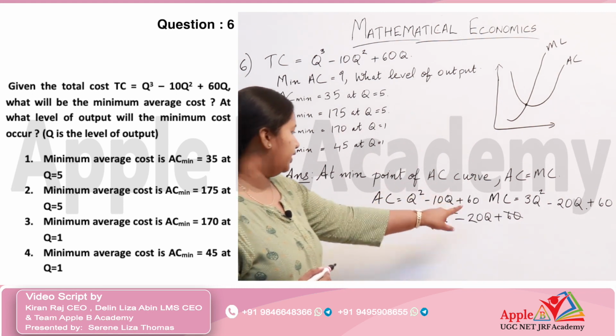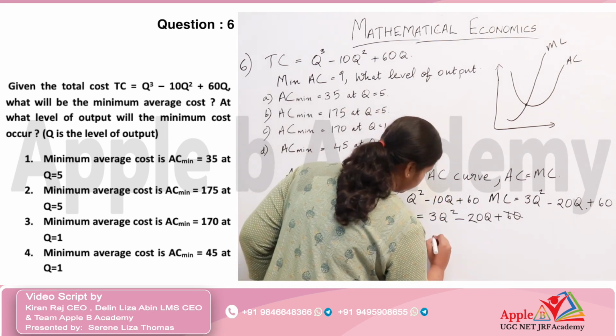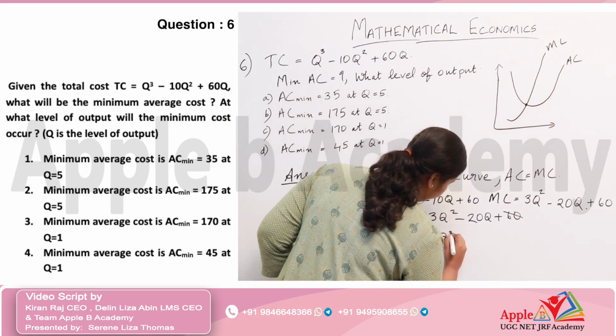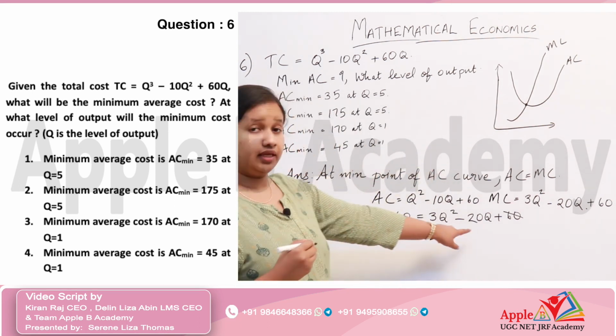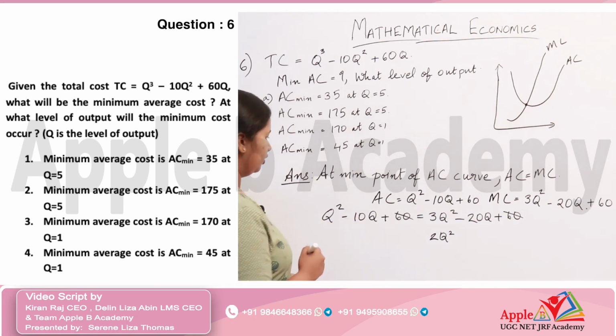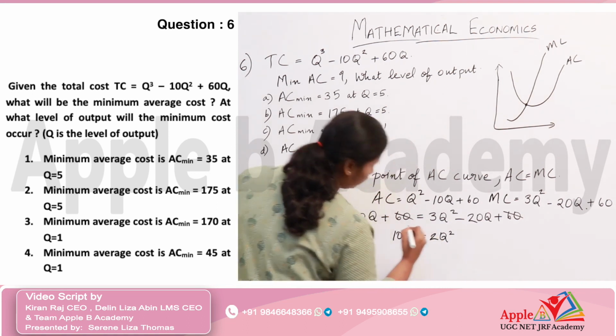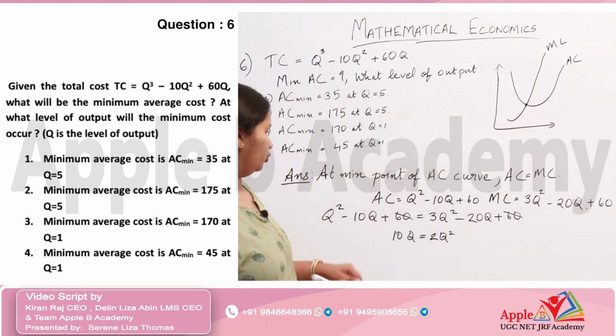Cancelling out the 60 and 60, and taking q square to that side, 3q square minus q square is 2q square, and taking the 20q to the other side, 20 minus 10q is 10q. So we get 10q equal to 2q square.